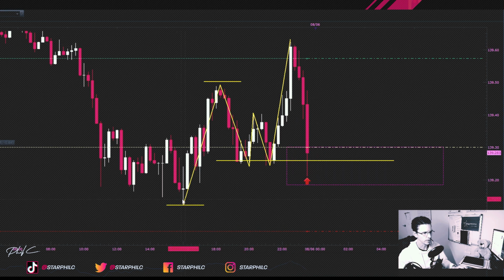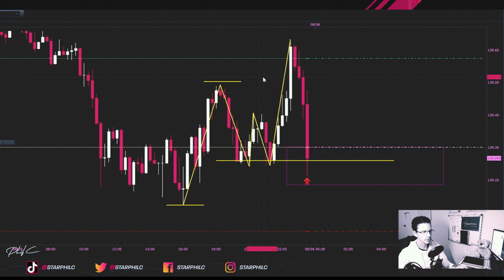We have a starting point. We have an initial move up. Remember the training. That's what we're going through right now. We have a starting point, initial move up, then we come all the way back down. We put in a little move like this. Then we get another move towards the upside, closing above these highs, giving us a new structure high.